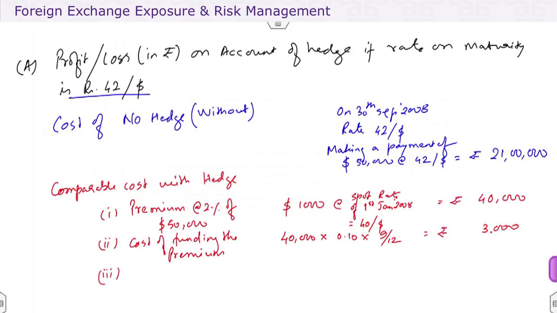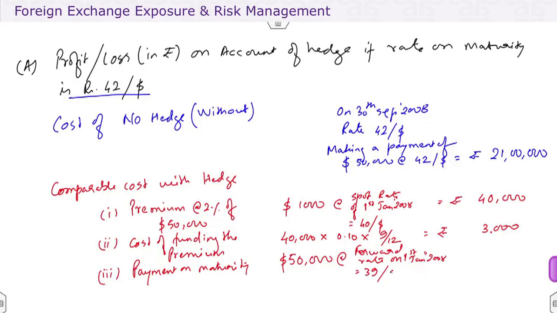So the payment on maturity that you will be making would be $50,000 at the forward rate on 1st of Jan 2008, which is 39 to $1.